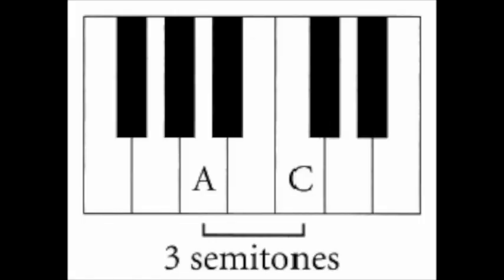So, for example, the relative minor to C major is A minor. They both have a key signature with no sharps or flats. And we can see here, if we start at C and we move 3 semitones down to B, B flat, and A, that takes us to our relative minor key.